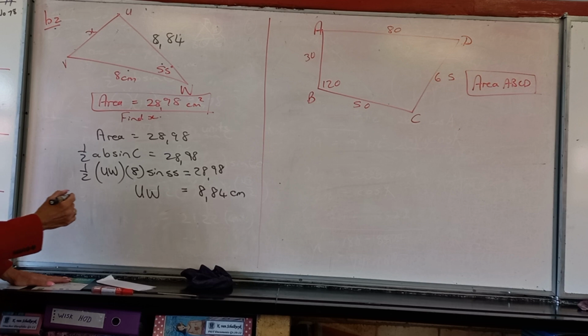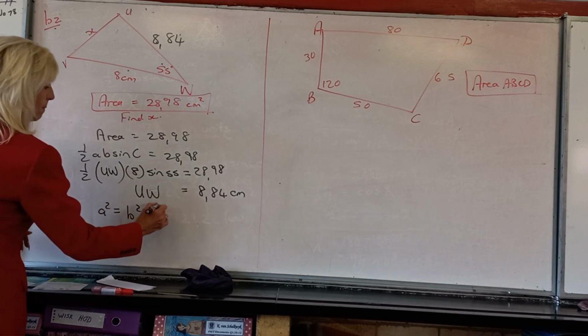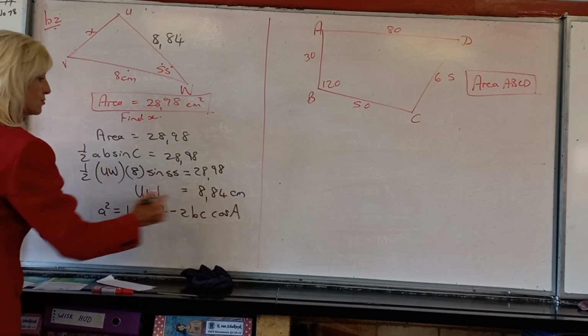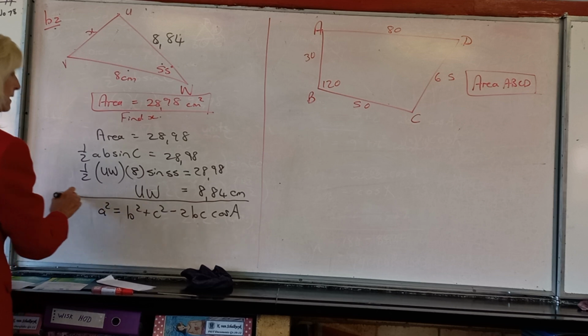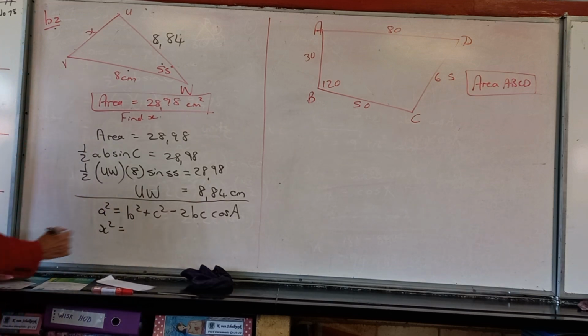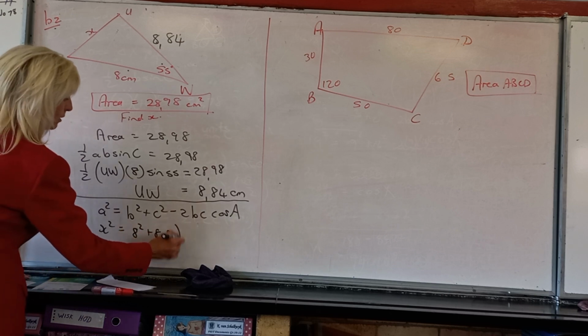And the cos rule here would be to find your a squared. Finding the side, which is x this time. You've got to take the other two sides, which are 8 and 8.84, squared. Now, guys, you know how it works.